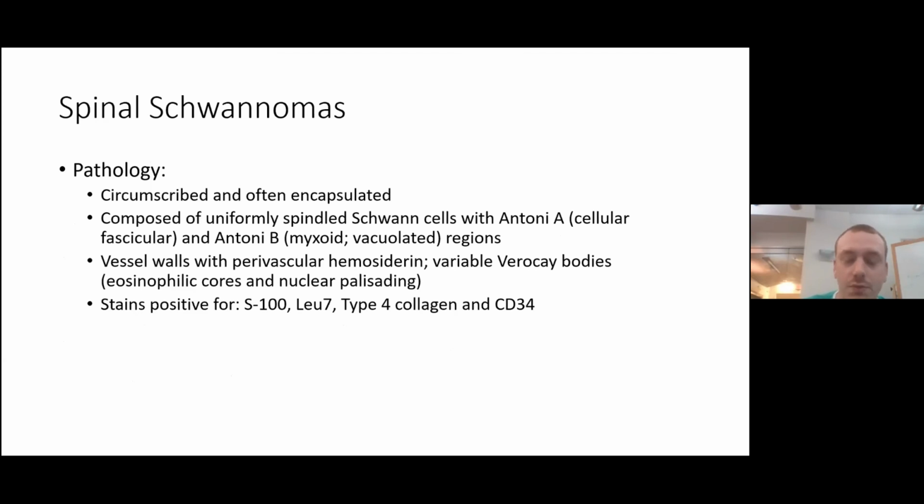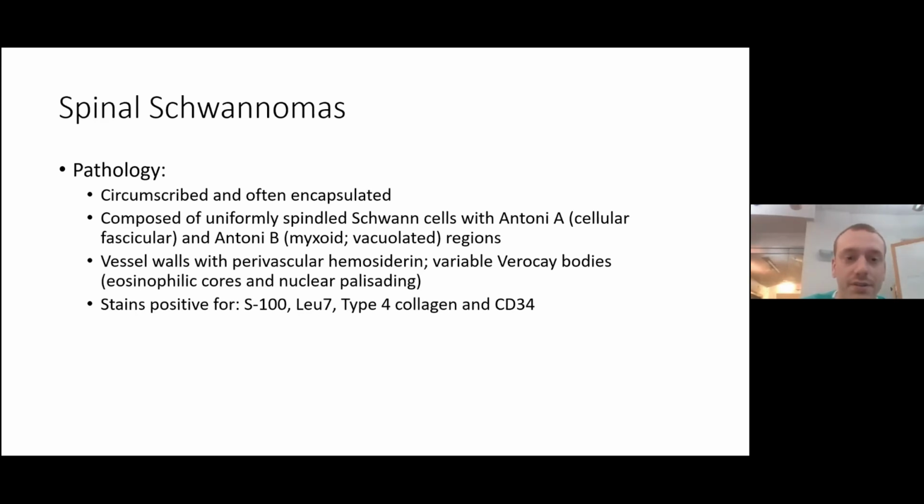And pathology, as we already mentioned, they're often encapsulated. They have alternating areas of hypercellular and myxoid regions called Antoni A and Antoni B. And they have the presence of Verocay bodies, which is basically some nuclear palisading, as was mentioned.